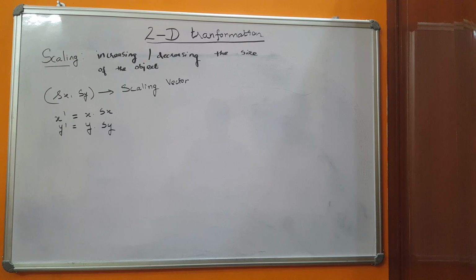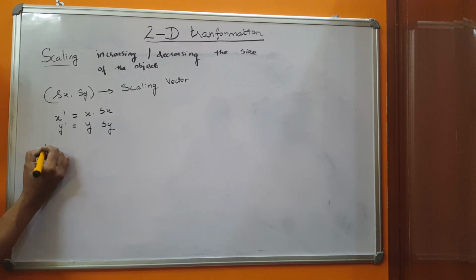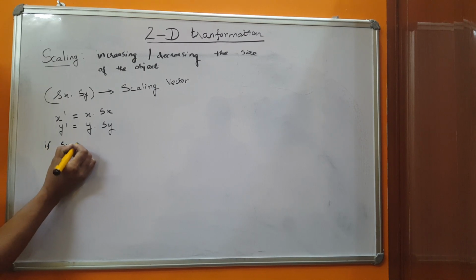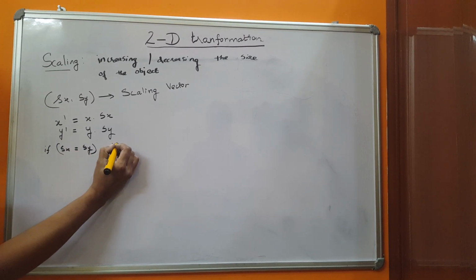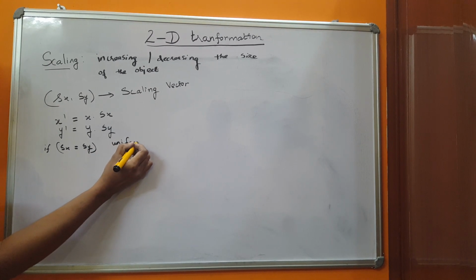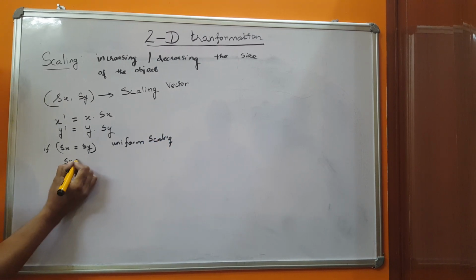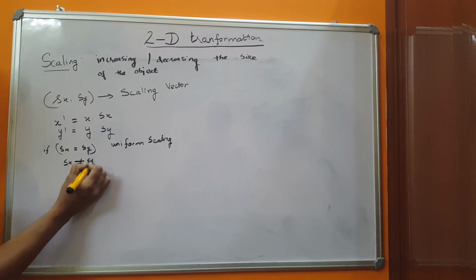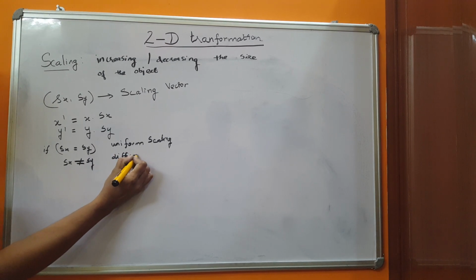Sx and Sy is scaling vector, where if Sx equal to Sy, that scaling is called uniform scaling. If Sx not equal to Sy, that scaling is called differential scaling.